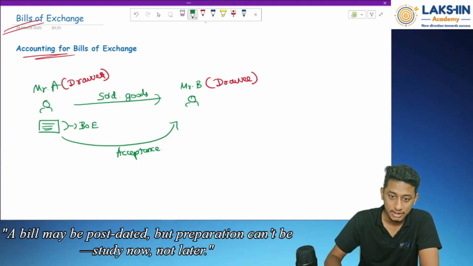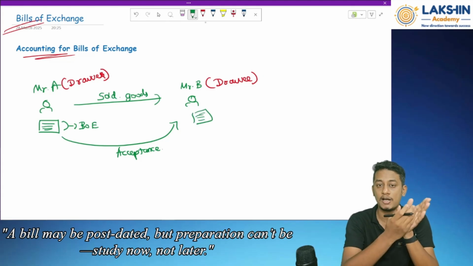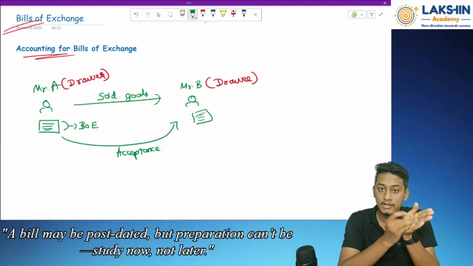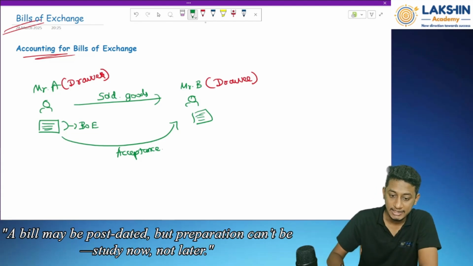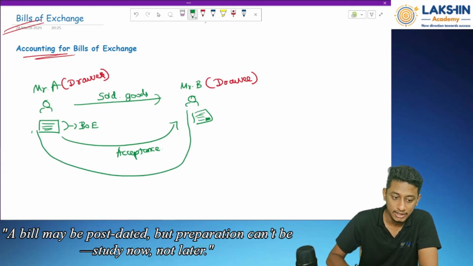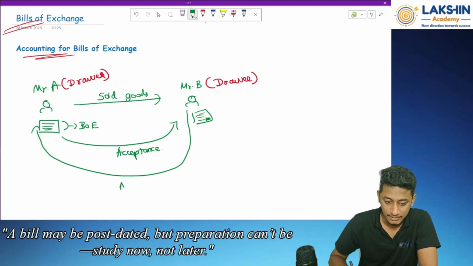Now what happens? Once the bill is with Mr. B, Mr. B will verify all the terms and conditions mentioned in the bill. Once he agrees, he will sign the bill wherever his name is mentioned and send the bill again to Mr. A after acceptance.